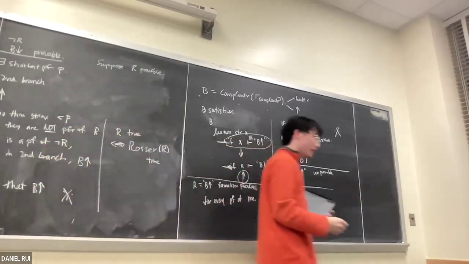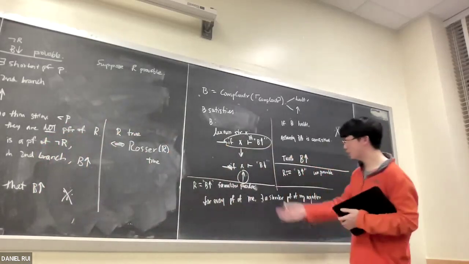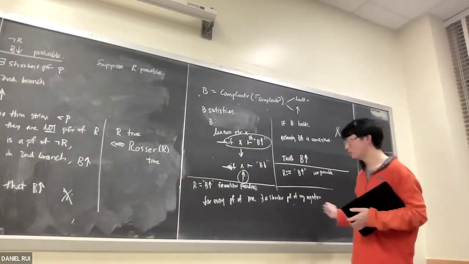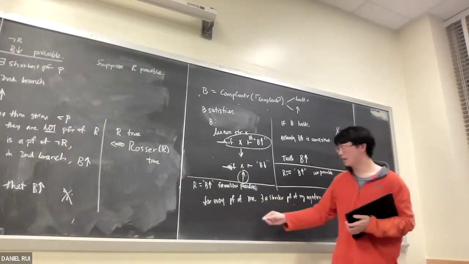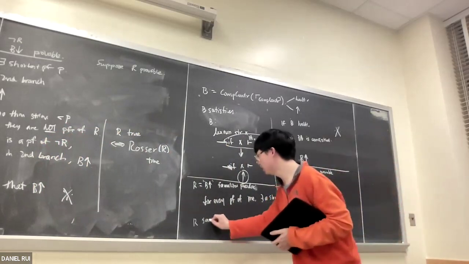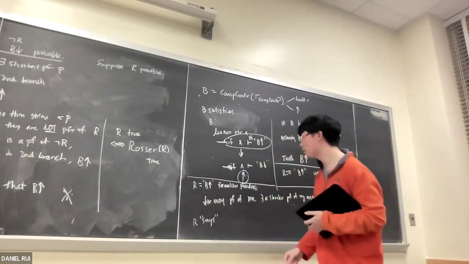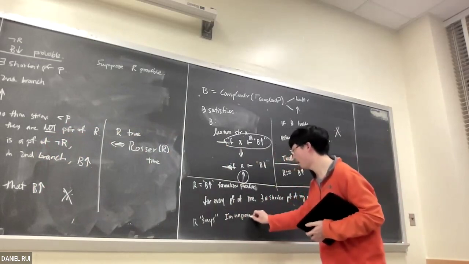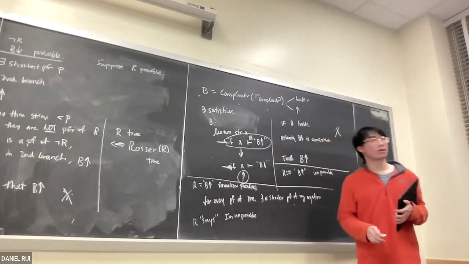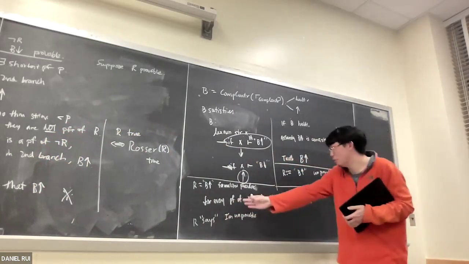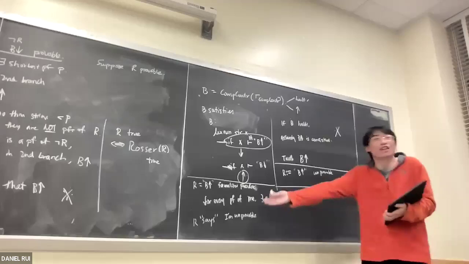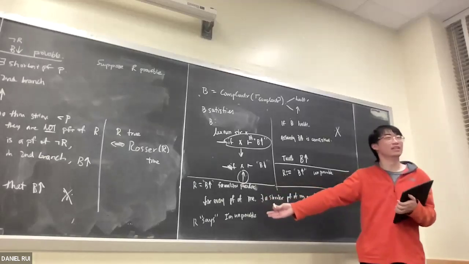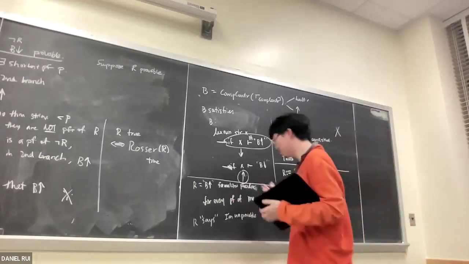And this is very closely related to the famous liar paradox, because if we just interpret this statement, R says, I'm going to use the word loosely, that I'm unprovable. Right. Because if for every proof of me, there exists a shorter proof of my negation, there cannot exist any proofs of me, if the statement is actually true.